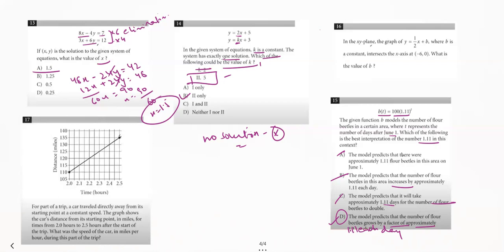Okay, now coming to 17. Sorry, first 16. This is 17, this is 16. The graph y is equal to this, where b is a constant, intersects the x-axis. What is the value of b? So this is the equation. Just insert it.